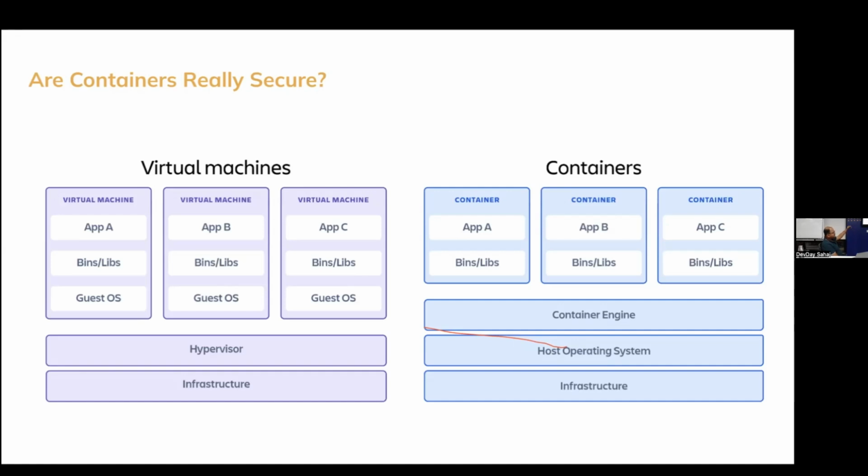If, let's say, a container escape happens in container A, application A, whatever escape happened, it will also be able to access and control application B and application C. But that is not the same case with the VM. Even if something happens on the first machine, app A, they'll not be able to go beyond that application A machine. That will remain in there only. So compared to a VM, it is slightly less secure.